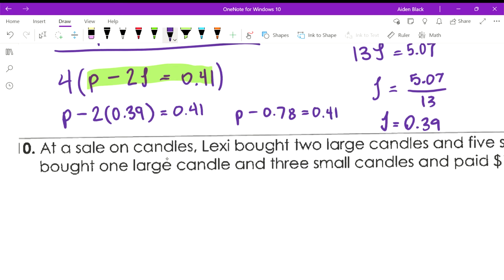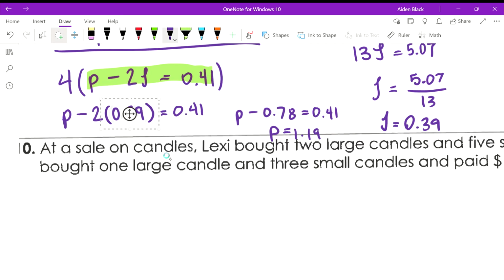And then add 0.78 to both sides. What would that be? That would be 119, or 1.19. I think I did that right.